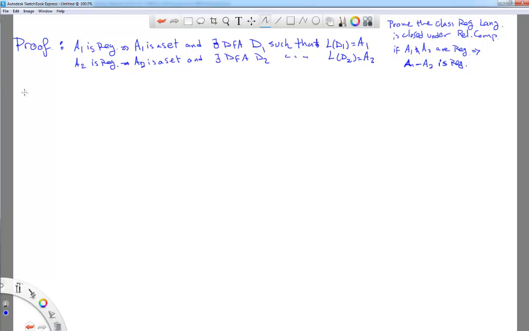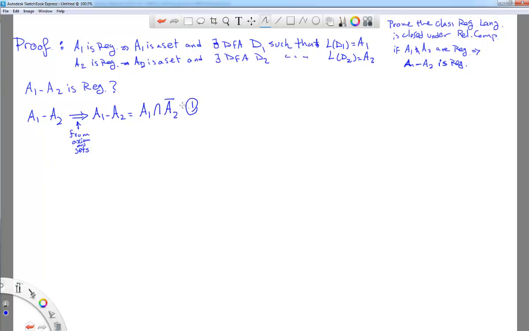Now, I would like to prove that A sub 1 minus A sub 2 is also regular. This is what I want to prove, and I don't know if it is the case. So I would start by writing A sub 1 minus A sub 2, and from the axioms of sets, I know that A sub 1 minus A sub 2 is equal to A sub 1 intersection with the complement of A sub 2.